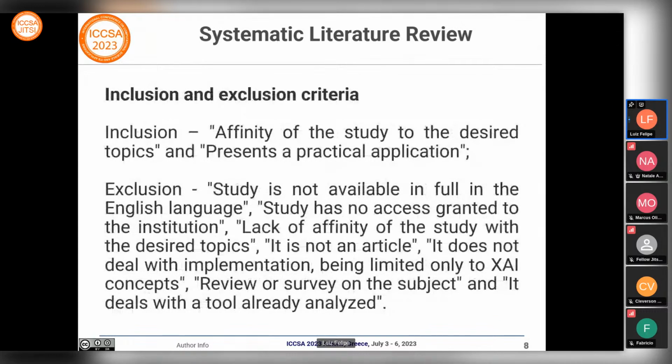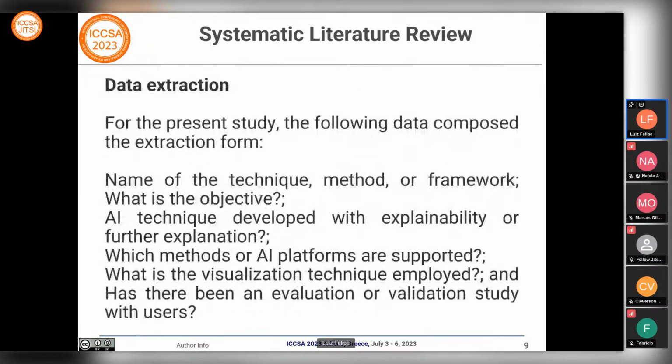In the first stage, the selection of studies, several inclusion and exclusion criteria were used. With the articles selected, after reading them thoroughly, the data from each article was extracted with the following structured form.